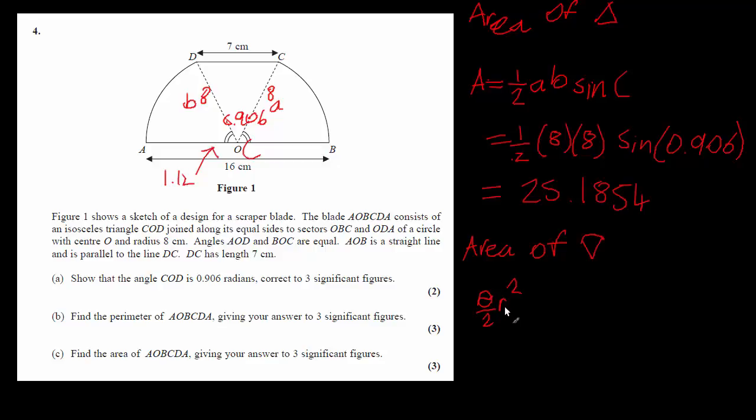So we know that. We know the radius is also 8 because it's half of 16. So we're going to do 1.12 over 2 multiplied by the 8 squared for the area of one of the sectors. If we do that, we will get 35.84.